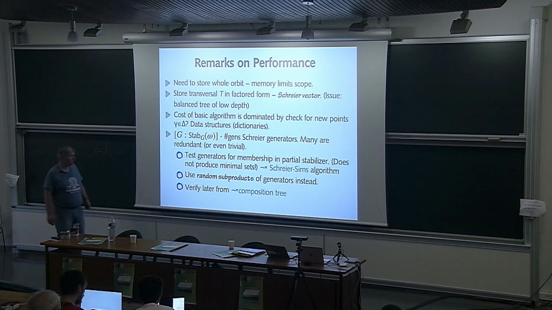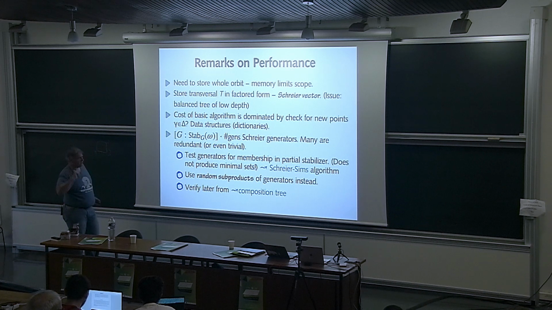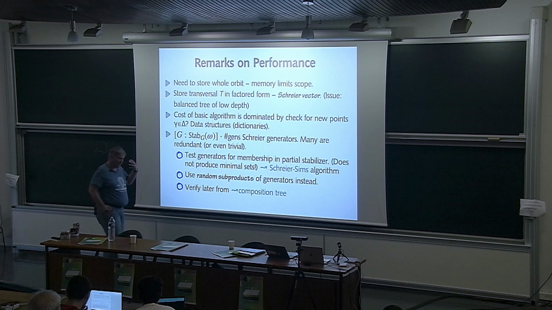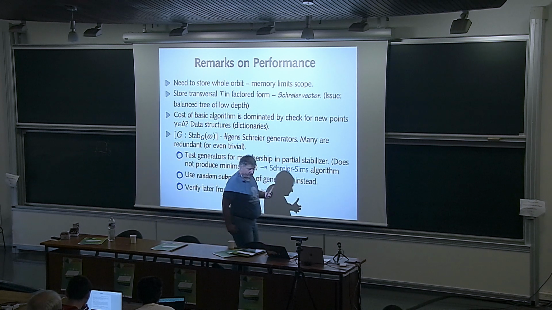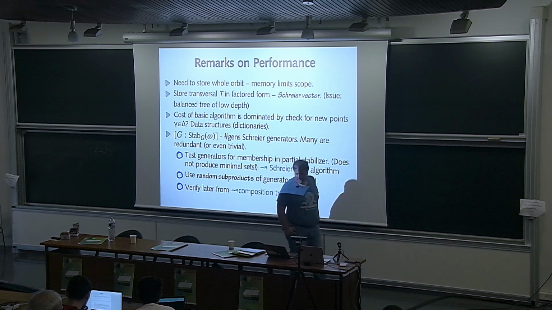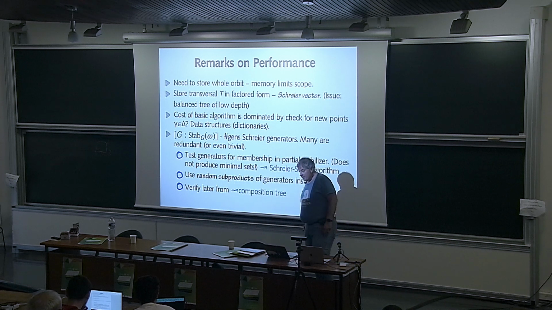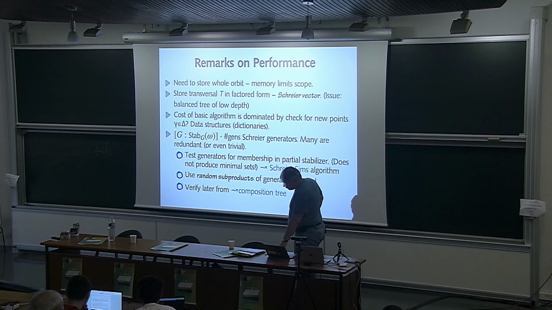The first tool: if we build a data structure which allows us to test for membership, we can use a similar data structure for the stabilizer, which is, as we know so far, the partial stabilizer, and discard Schreier generators if they lie in the stabilizer generated so far.